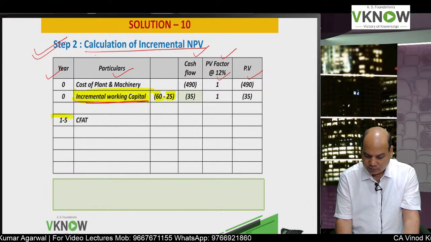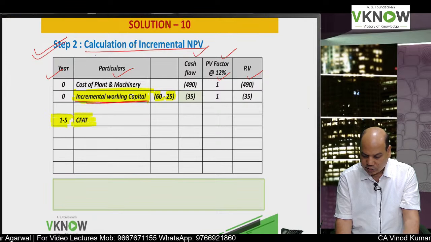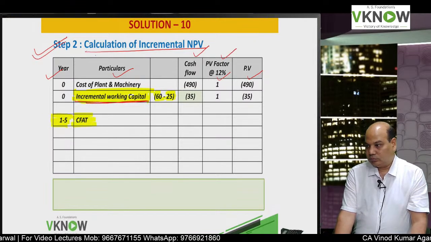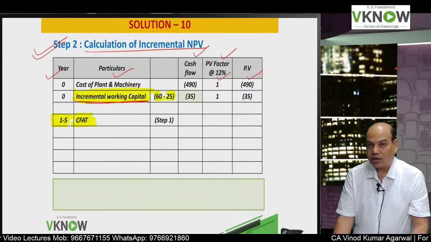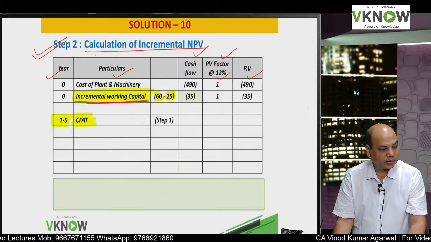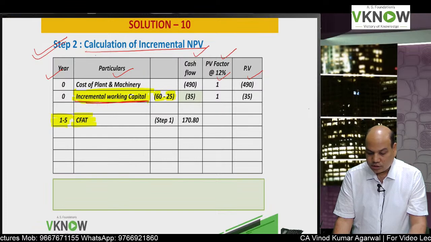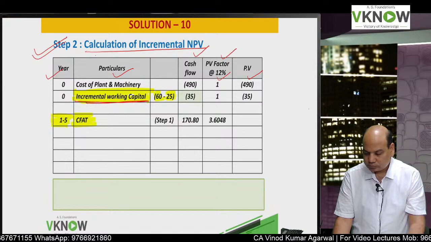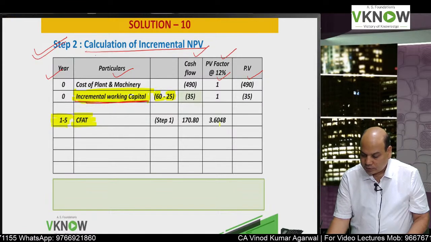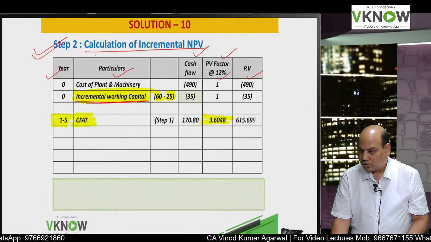Year 1-5, write down incremental CFAT. Go to previous step 1. Check the answer. How much was that? It was 170.80. Take the total of the PV factor given in the question, 3.6048.